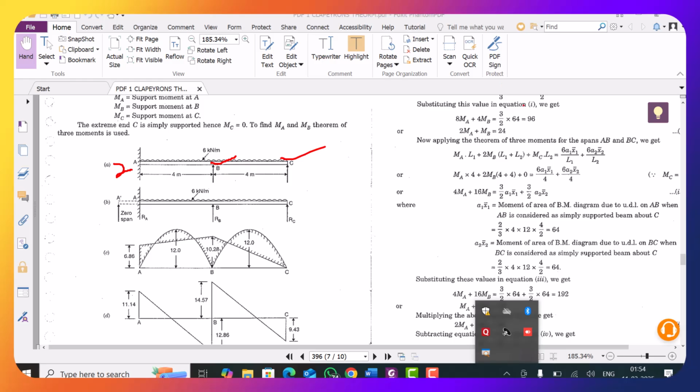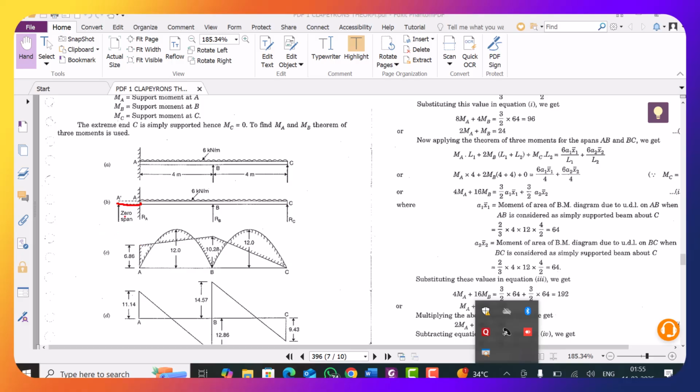So to develop one more equation, we imagine one virtual span, which we call either a virtual span or zero span. When you progress with the numerical, you will come to know the exact significance of taking this zero span or virtual span.